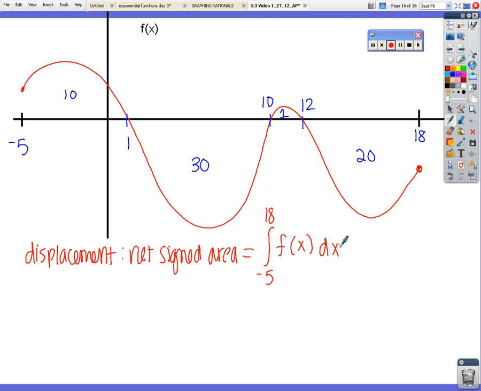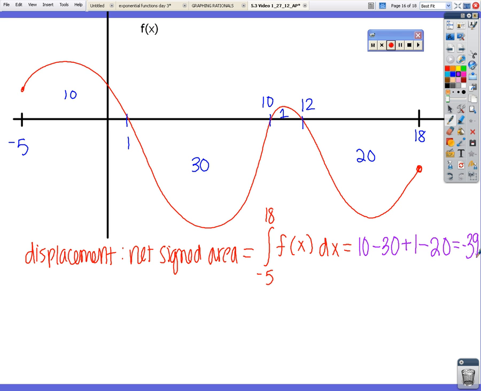And the net signed area, if I asked you to actually calculate it based on the values I gave you, it'd be +10 minus 30 plus 1 minus 20. And so that's -50, -40, -39. So that would be the net signed area.